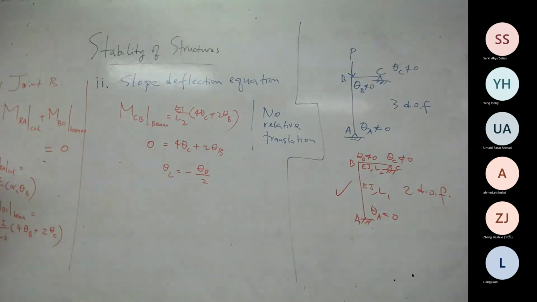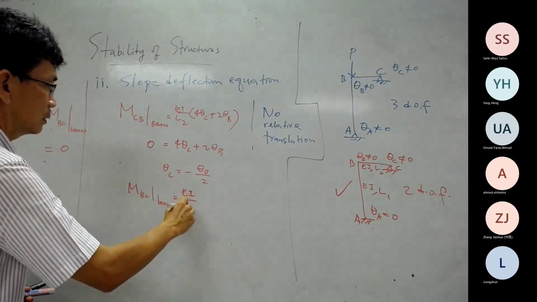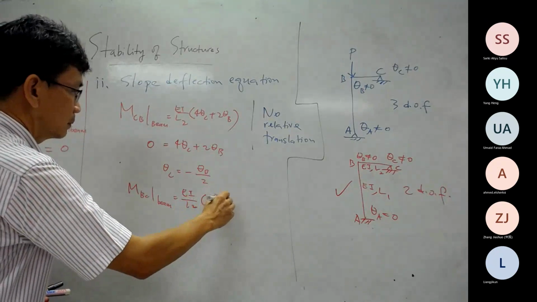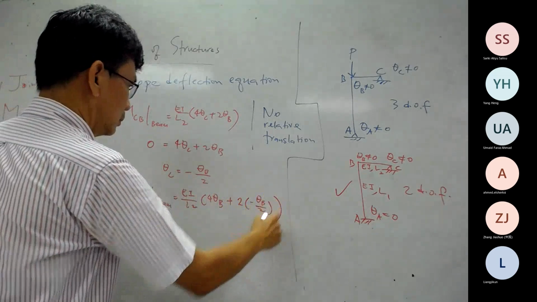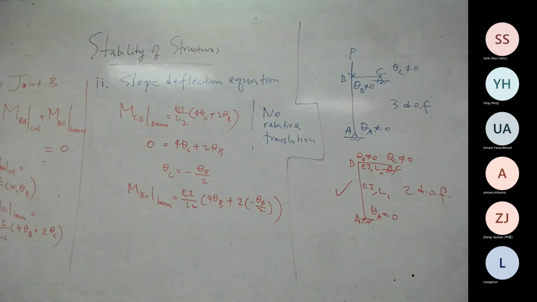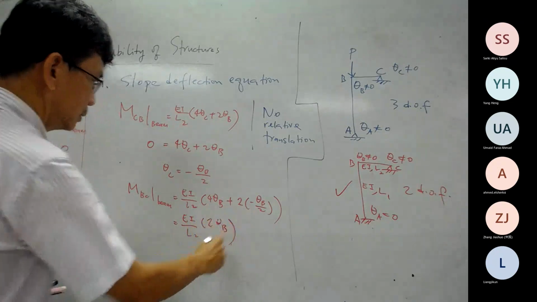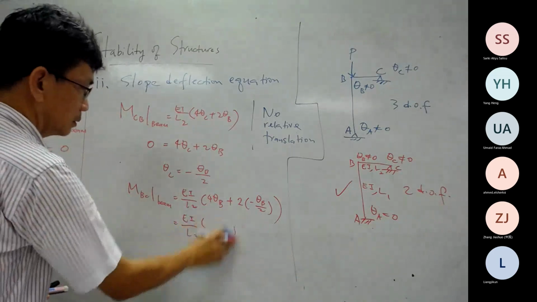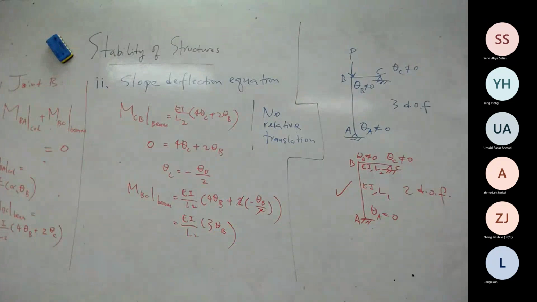Theta C is equal to negative 2 theta B, and MBC of the beam is now equal to EI over L2 times 4 theta B plus 2 theta C. Four minus 2, so you get 2 theta B. So this is reduced now, instead of theta B and theta C, so in the final equation we need to solve only for one theta, which is theta B.